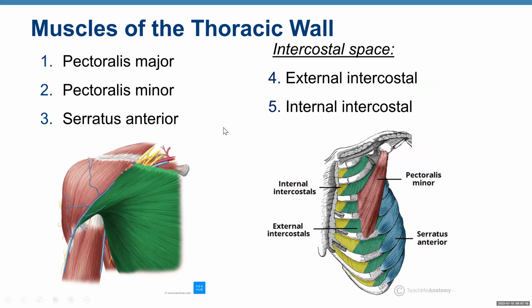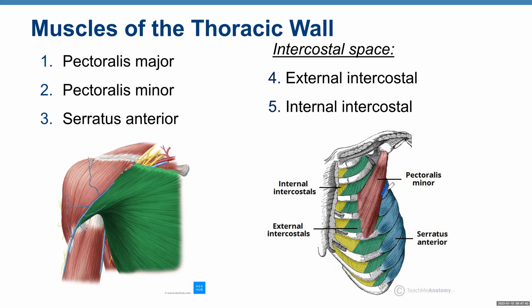Muscles of the thoracic wall. We have the pectoralis major muscle over here. Pectoralis minor: when you remove the major, you can see this pectoralis minor. So it's deep to pectoralis major.